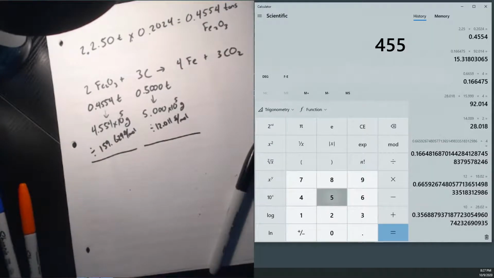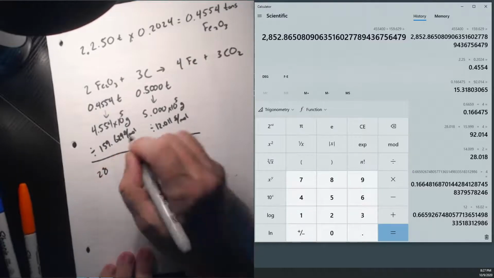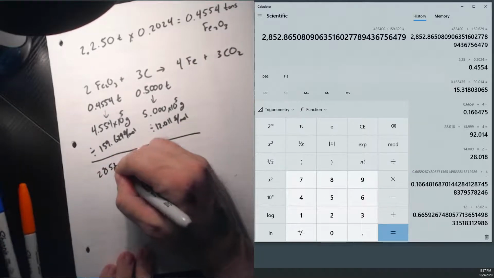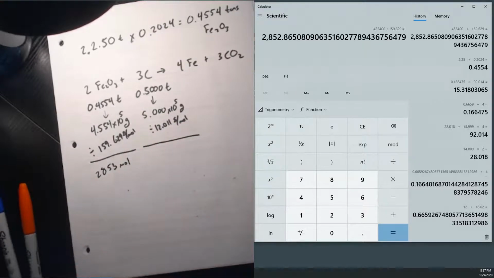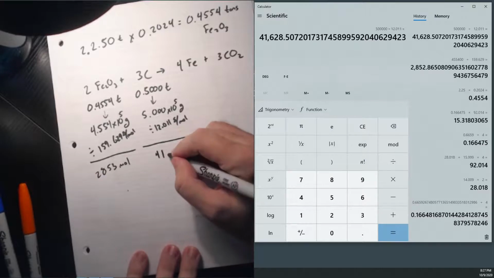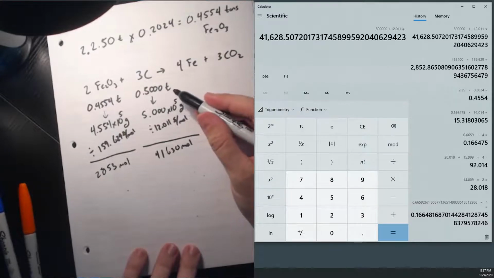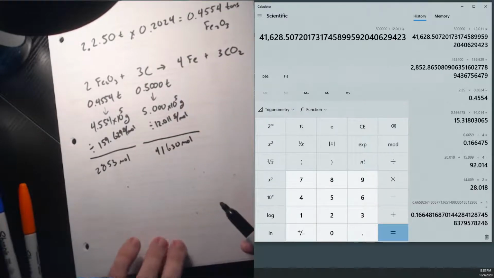So 455,400 divided by 159.629 is 2853 moles. 500,000 divided by 12.011 is 41,630 moles. I'm thinking that we're going to have an excess of carbon. That is a lot of moles of carbon.